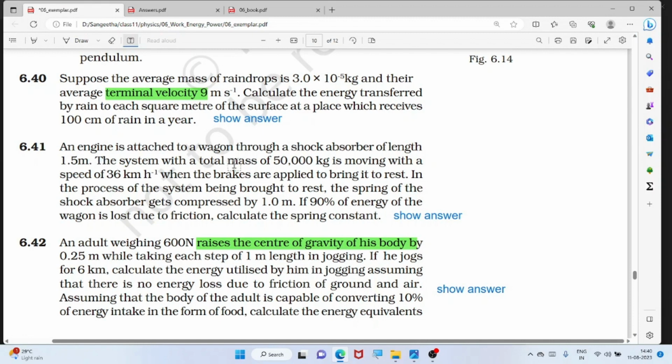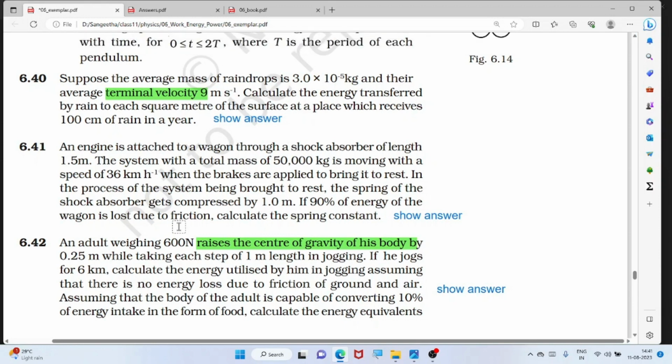An engine attaches to the wagon through a shock absorber of length 1 meter. The system has a total mass moving. Here see, 90% of the energy of the wagon is lost due to friction. The 90% lost means 10% is absorbed by the shock absorber.